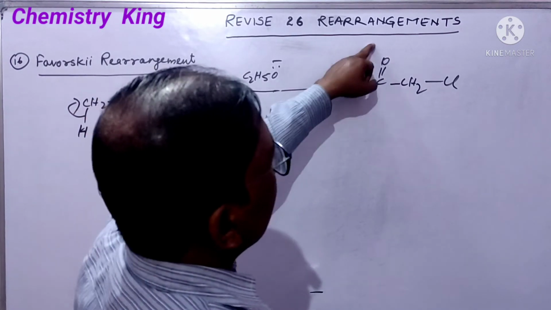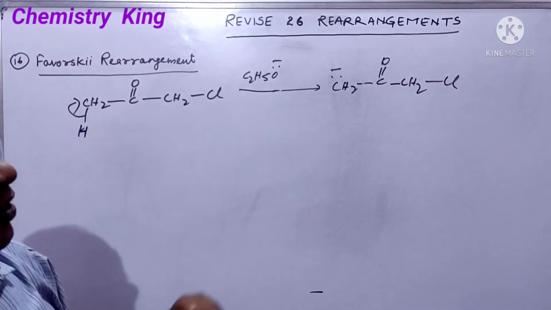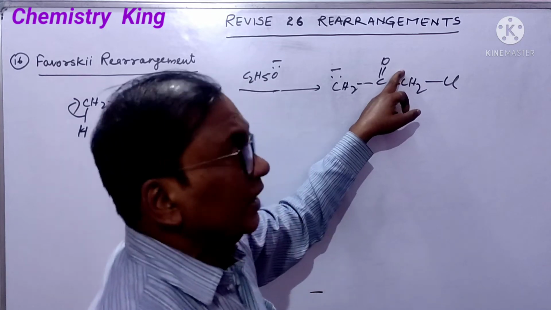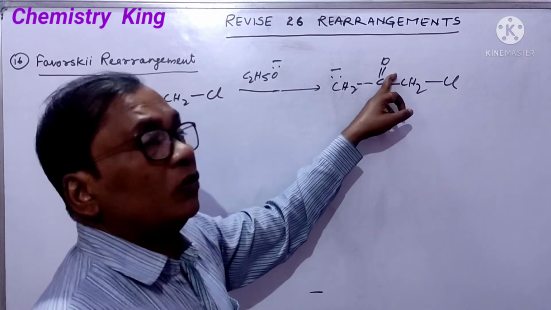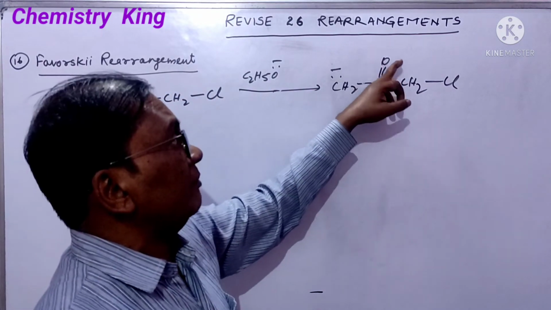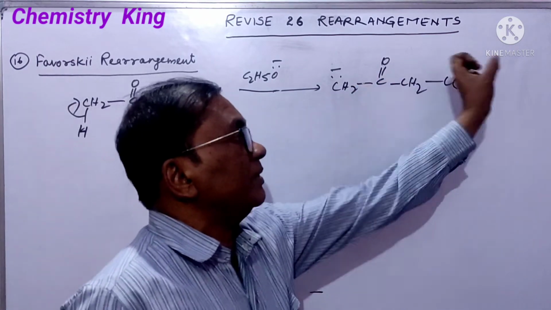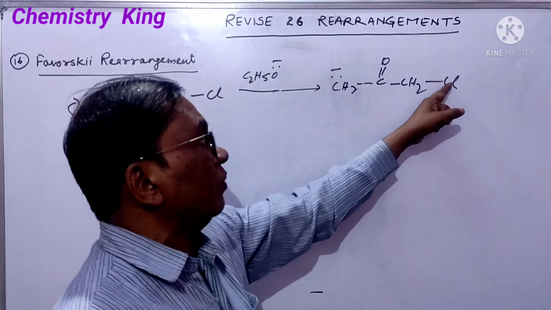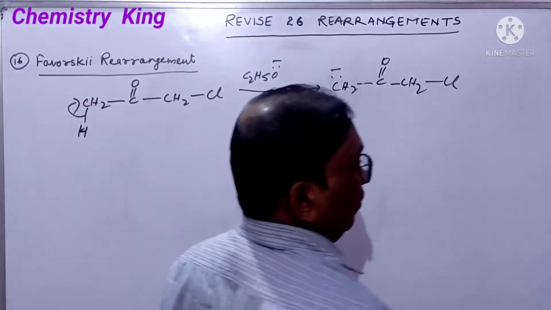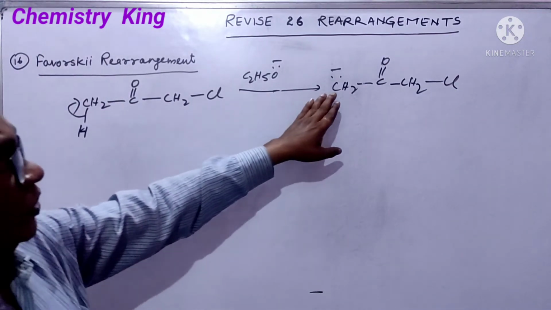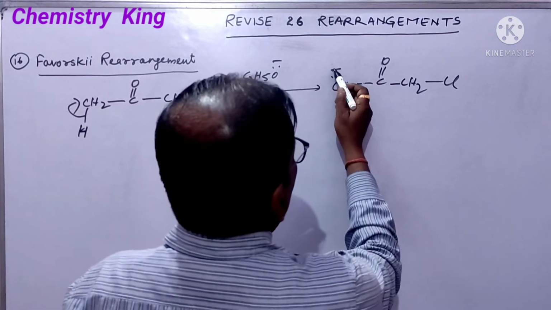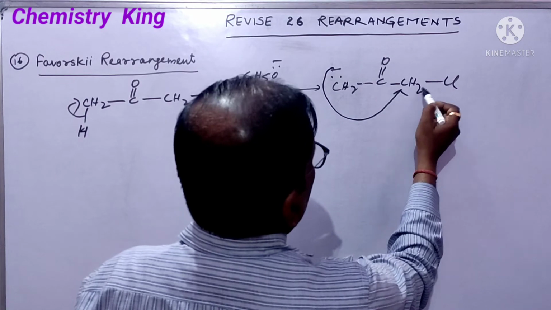It will come here, it will come here. If the minus charge would be here, then it will also be stabilized by resonance. But the density of this negative charge will be lowered by the electron attracting group, that is the chlorine group. So this carbanion will be more stable. Now it will attack here.